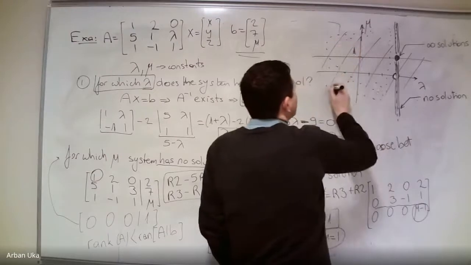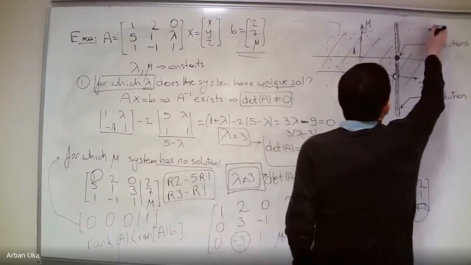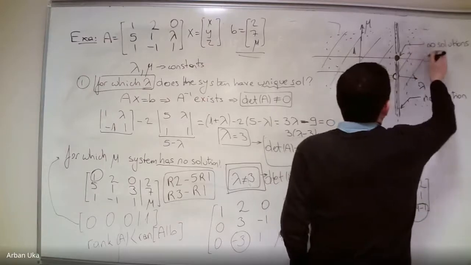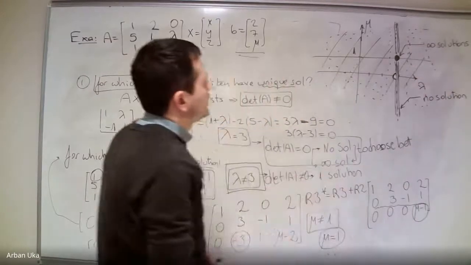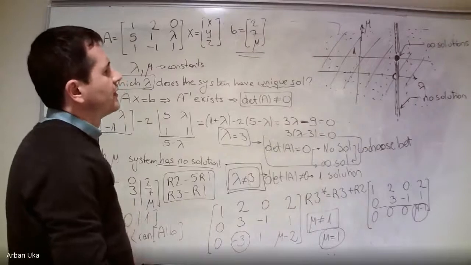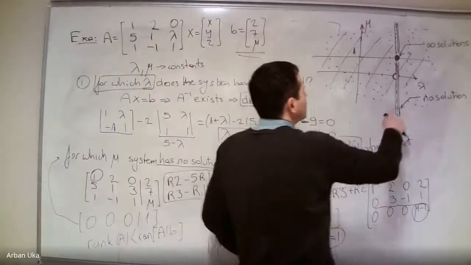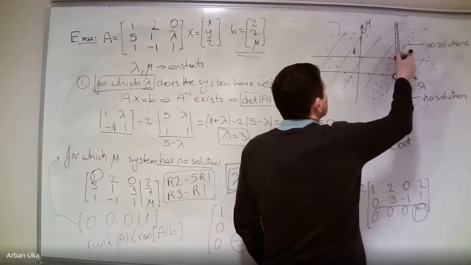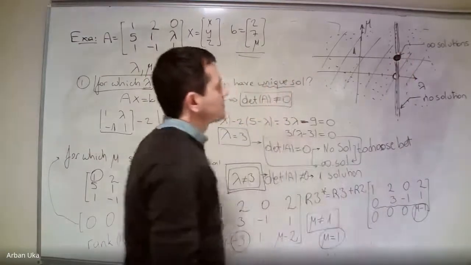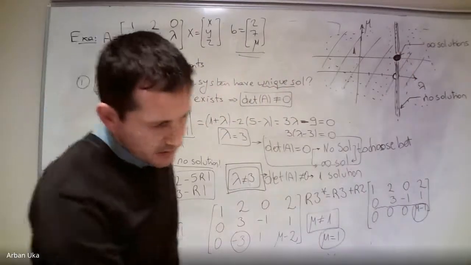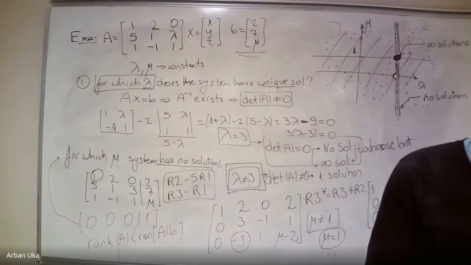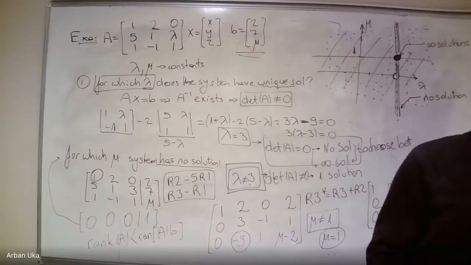We have here a unique solution. Okay. Everywhere except the 3, we have a unique solution. We have no solution if we stay here. We have an infinite number of solutions right here. Okay. Is it clear? Yes. Okay.